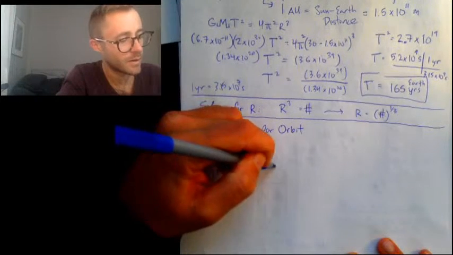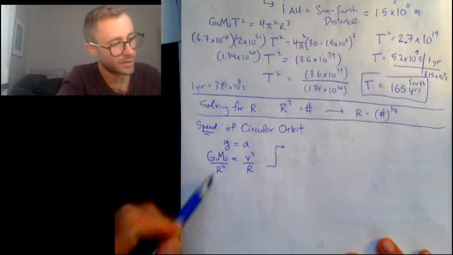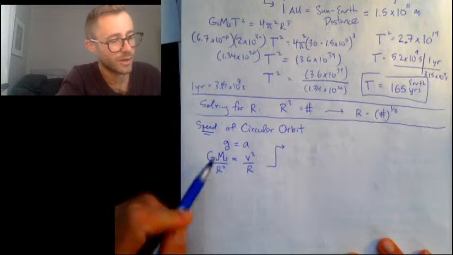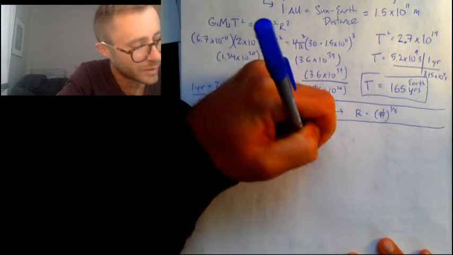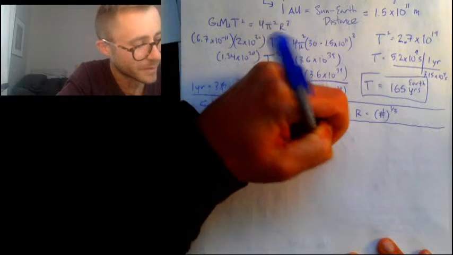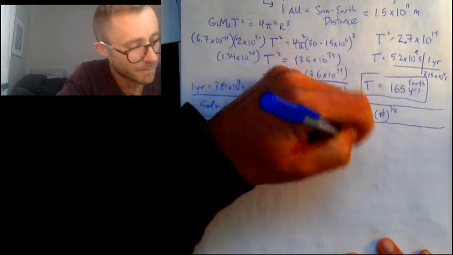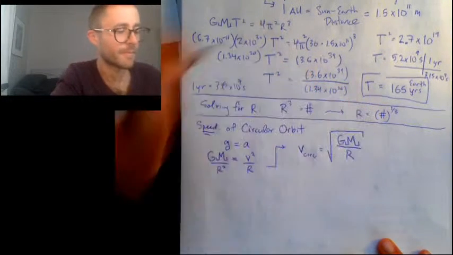Okay. And so you multiply the r over. It cancels out one of the factors of r in the denominator on the left-hand side, and then we take the square root. So what we get is that the speed of a circular orbit is the square root of G times big M over r.